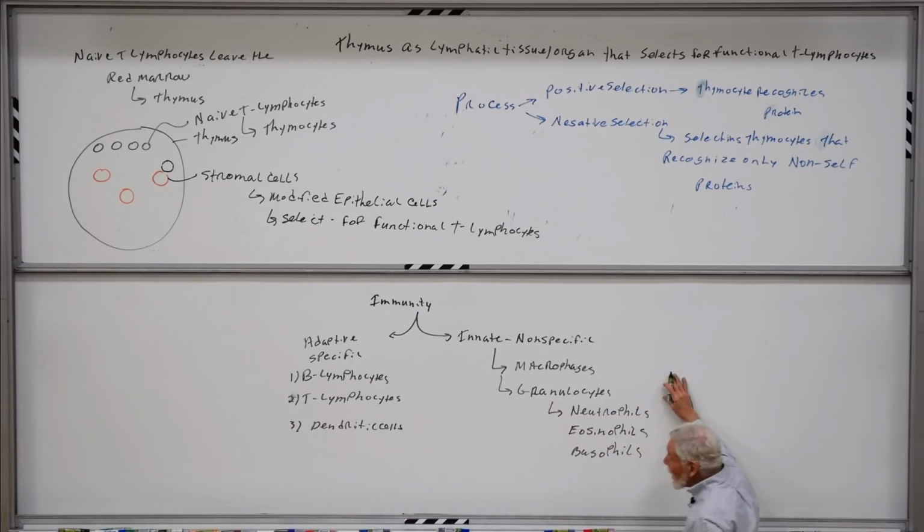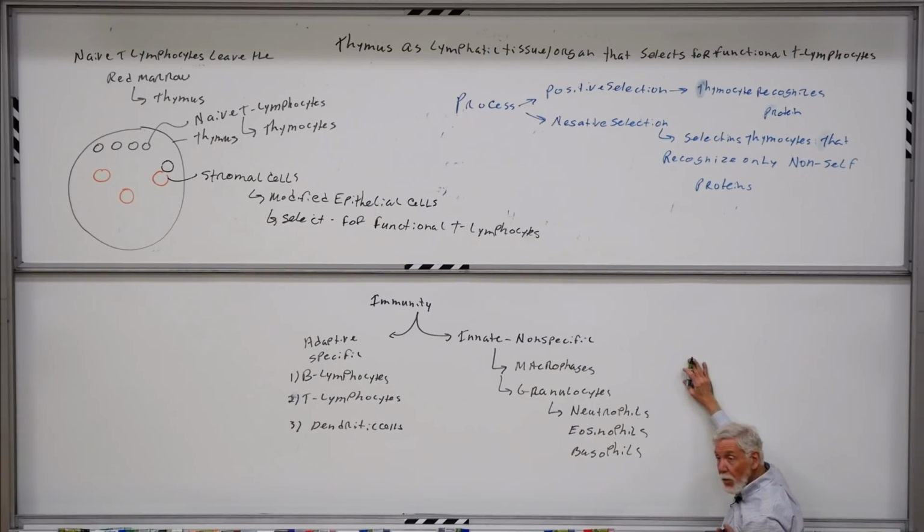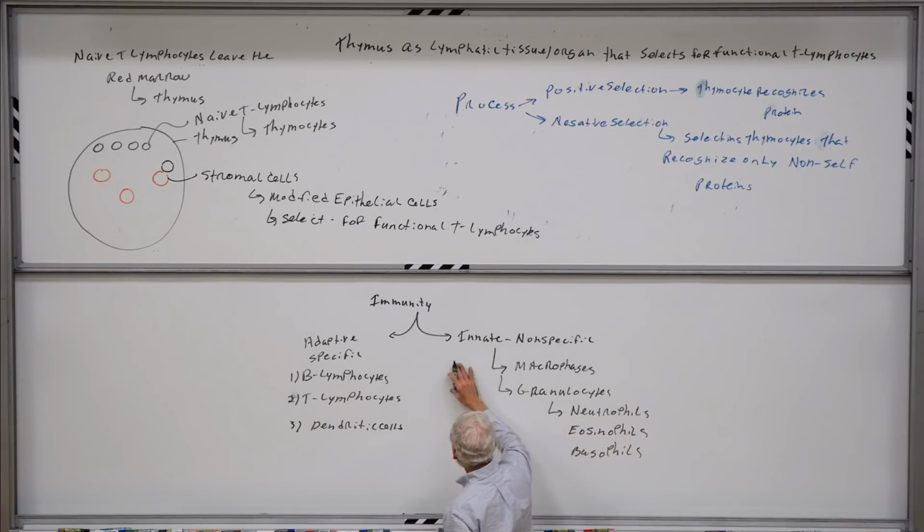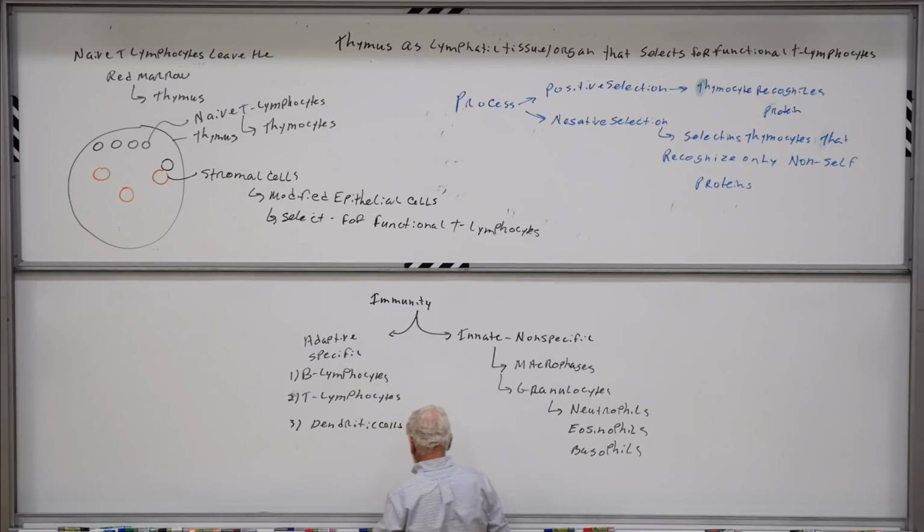And those fundamentally are the cells of the immune system. When I blithely talk about those germinal regions containing cells of the immune system, that's this set. And what we'll do next time is we'll talk about the difference between the innate and adaptive immune systems.